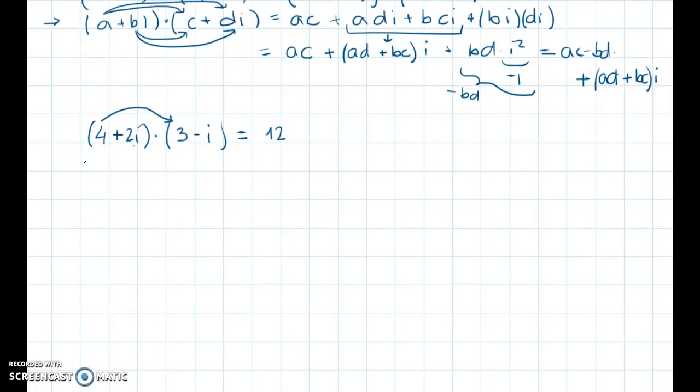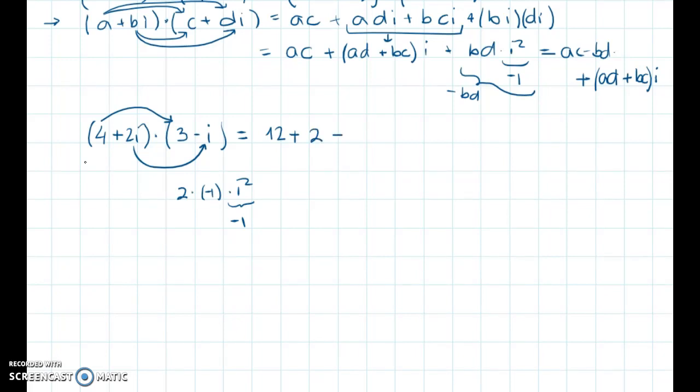Then we know that the other product that is going to give me something real is going to be 2i multiplied by -i. So what we are doing here is 2 multiplied by -1 multiplied by i squared. i squared is -1, so this is going to be just +2.